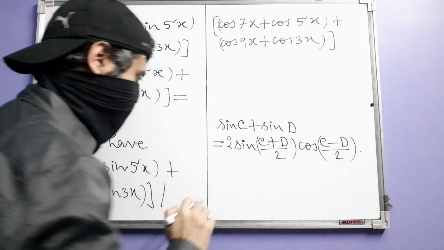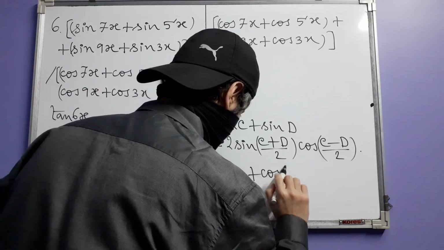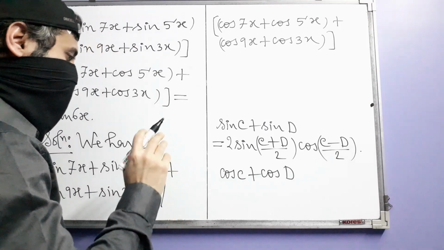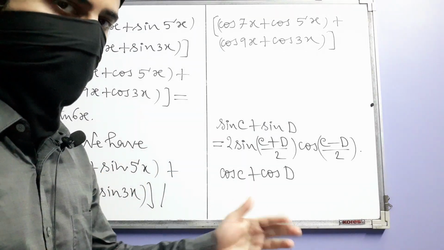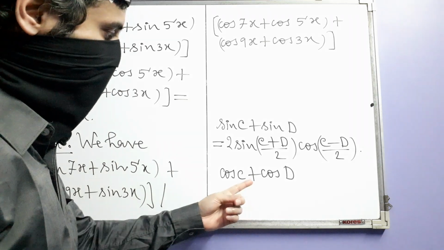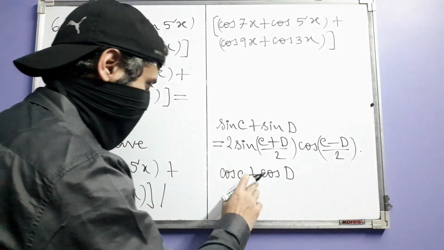However, when you have cos, then only cos terms appear provided you have a plus sign in between the two terms. But if you have a minus sign, both the terms are sine. That's not the case here. Here we have plus.